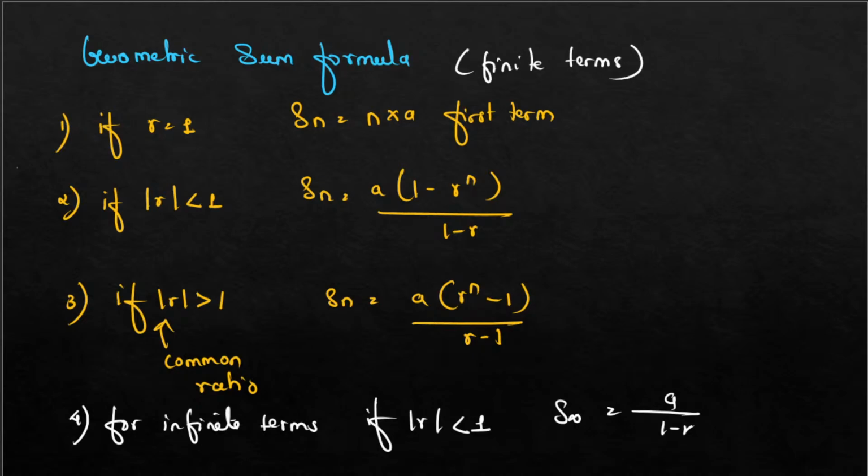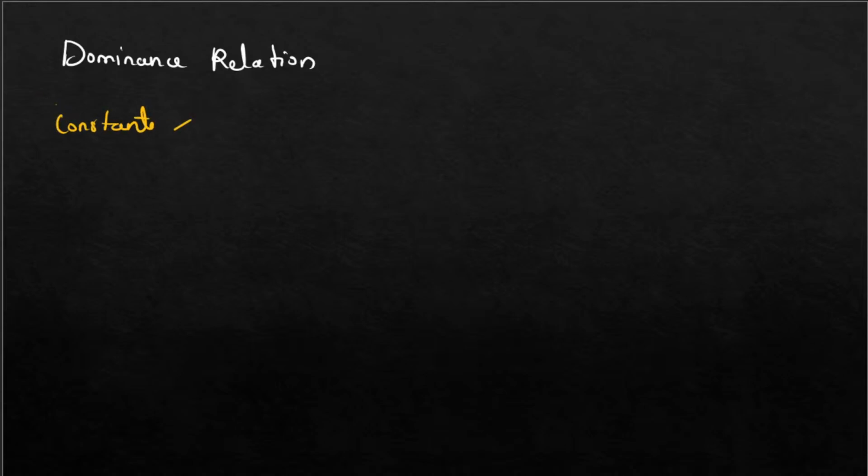Now let's write some dominance relations. First will come constant, after that logarithms, after that polynomial, after that exponential.